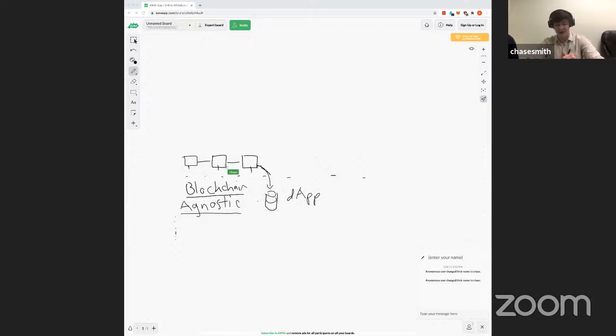You'll have some sort of event stream, then some form of state transition, and that will get put into a read-only database. So this is just taking that traditional approach and pushing it towards blockchain so that blockchains don't have to handle both the read layer and the write layer.